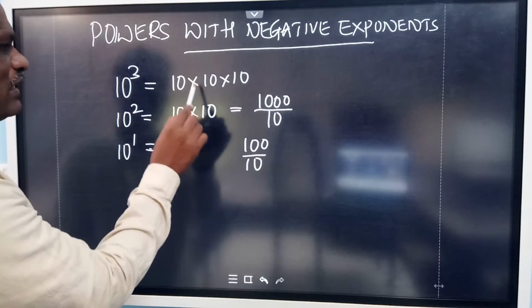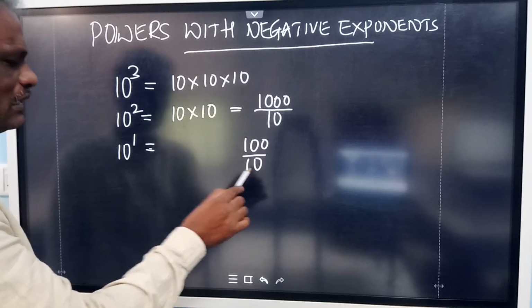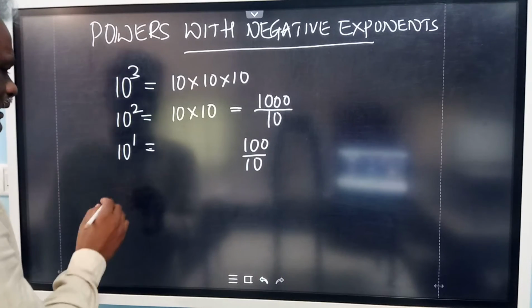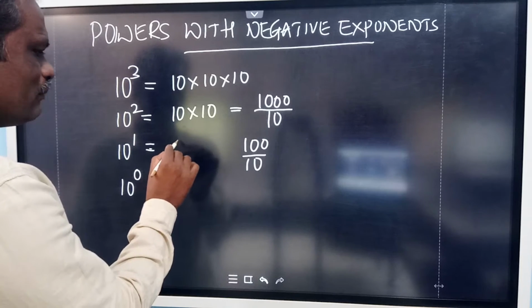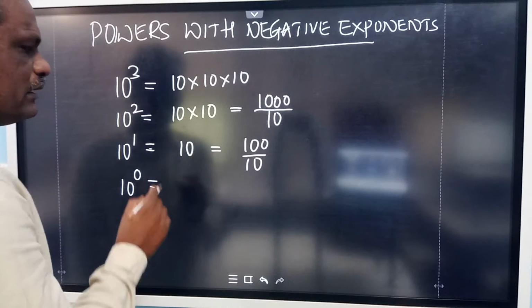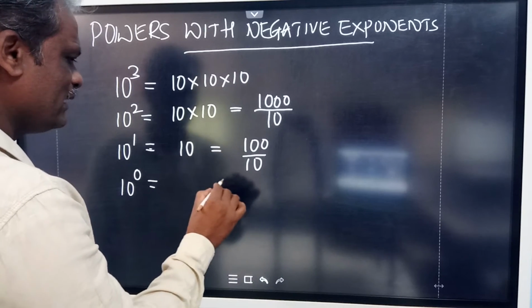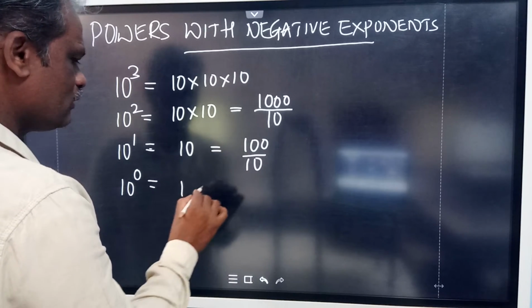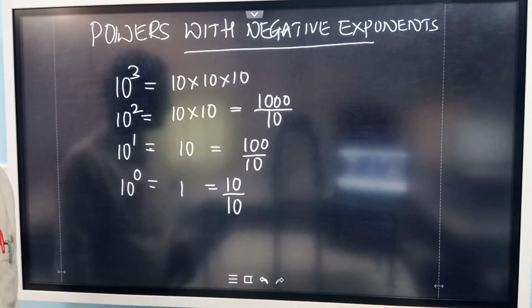So this number divided by 10 gives you 10 to the power 1. Then to get 10 to the power 0, 10 to the power 1 is nothing but 10, and 10 should be divided by 10. It is the same as 1.